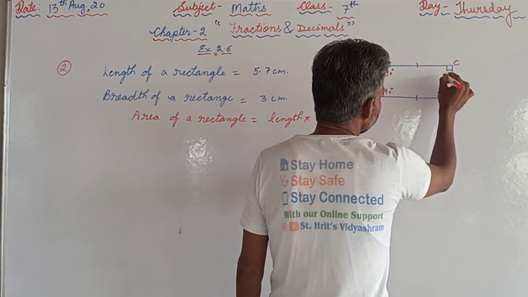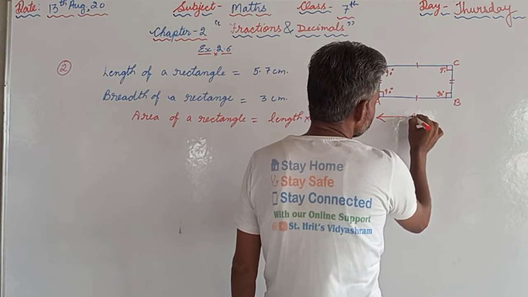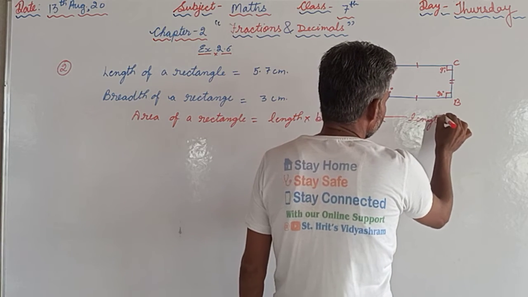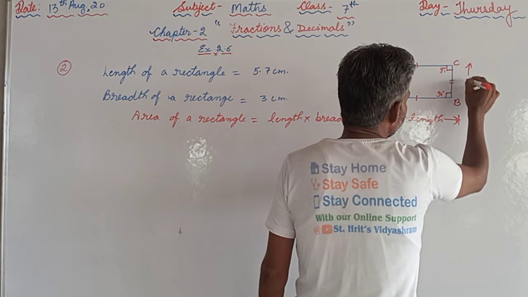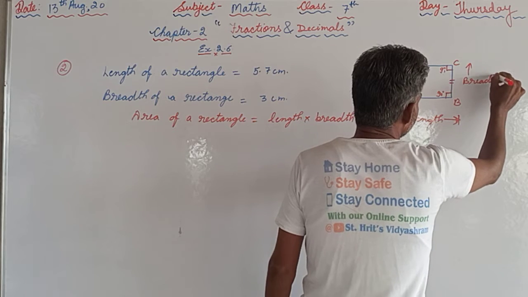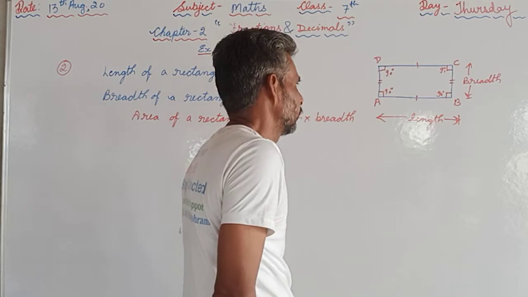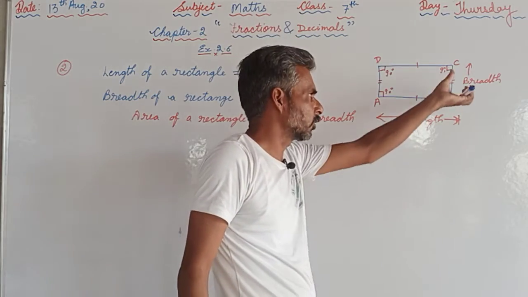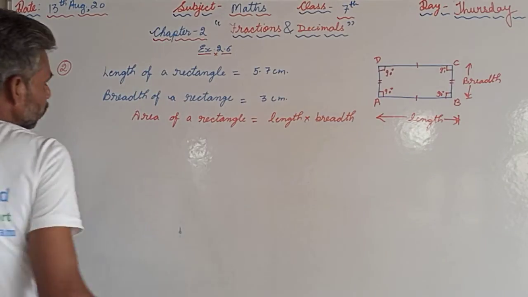All the angles should be of 90 degrees, and the longer side is known as length and the shorter side is known as breadth or width. Longer side is length and the shorter side is either width or breadth, and the area is length into breadth.